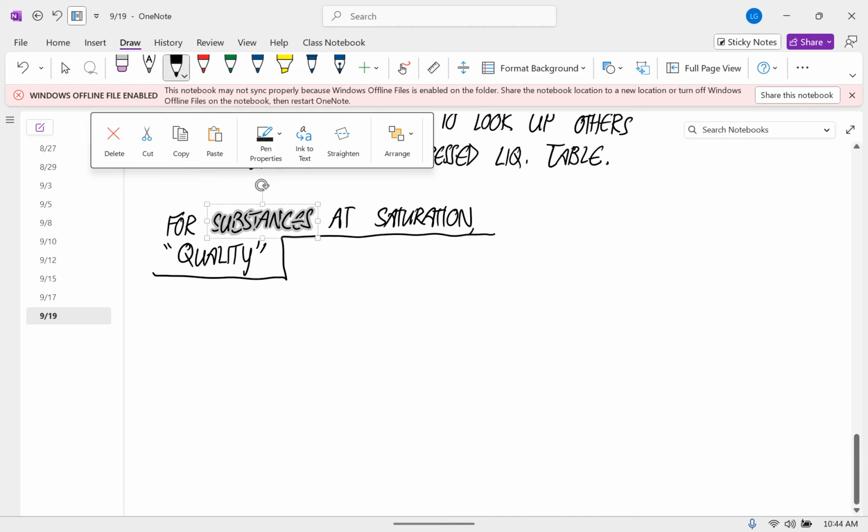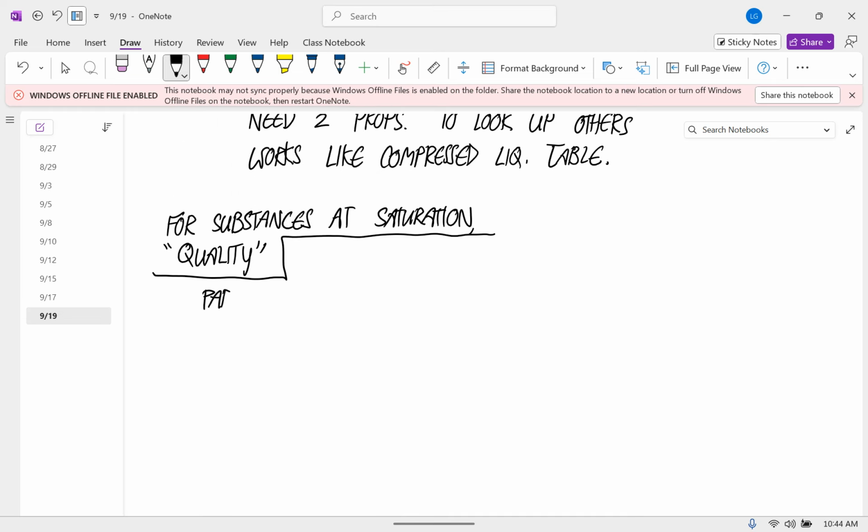For things at saturation, you always have part saturated liquid and part saturated vapor.